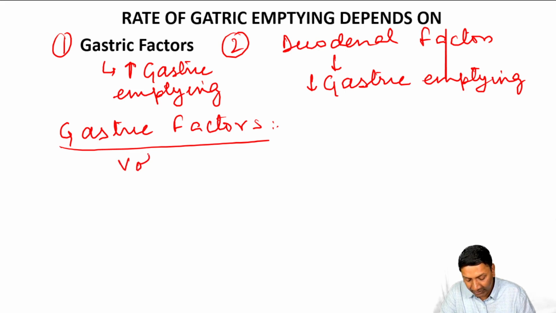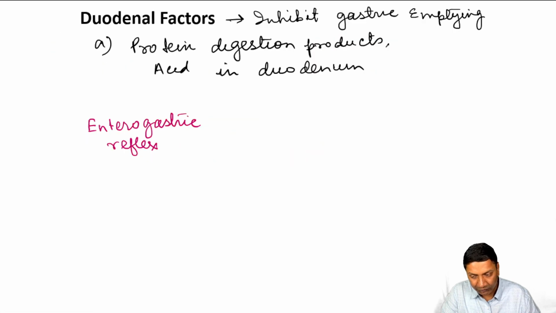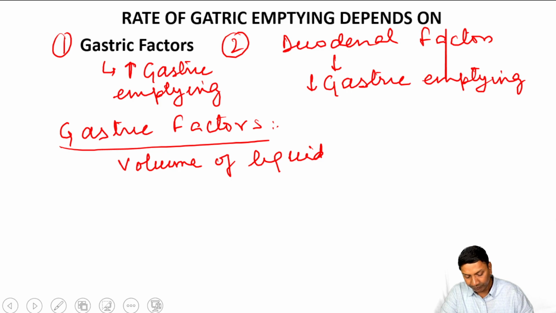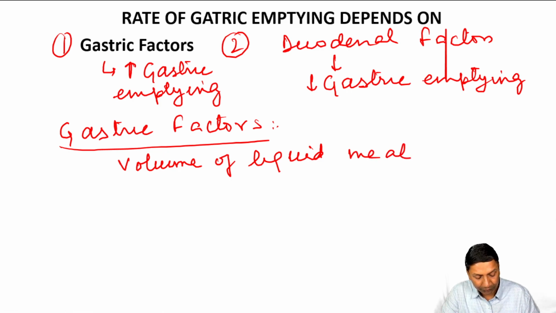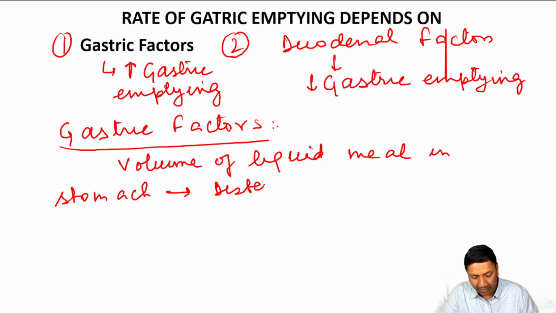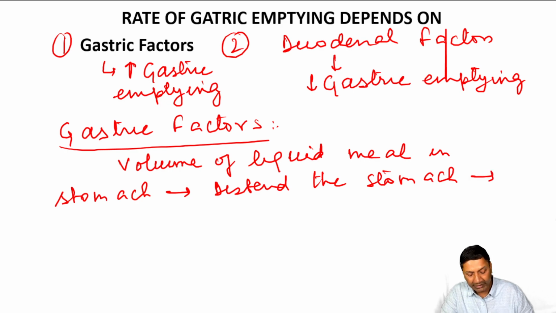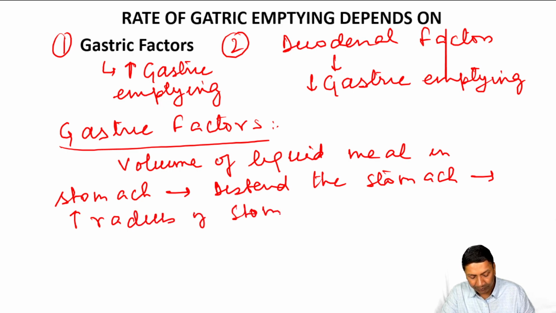When there is an increase in the volume of the liquid meal in the stomach, it will distend the stomach, and this distension will increase the radius of the stomach, right? Since the stomach is a hollow viscus, it will increase the radius of the stomach.